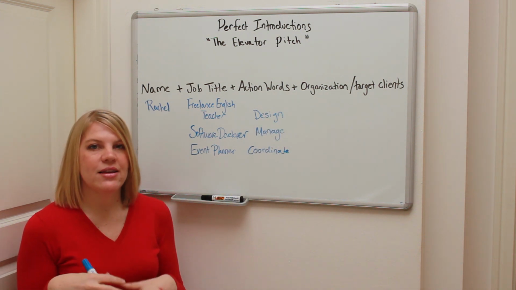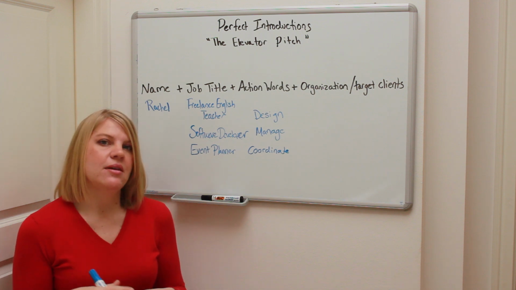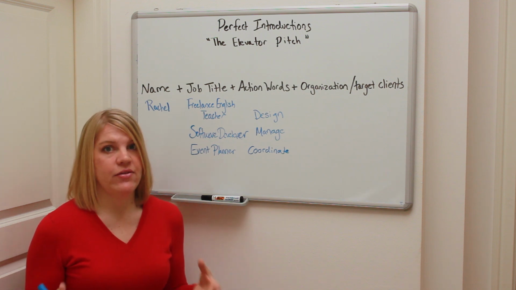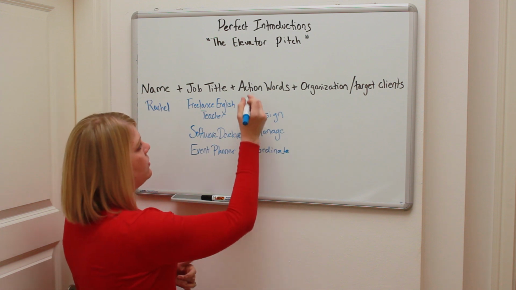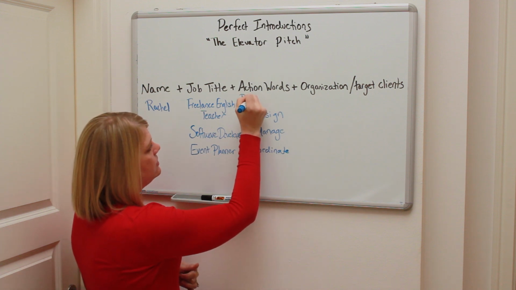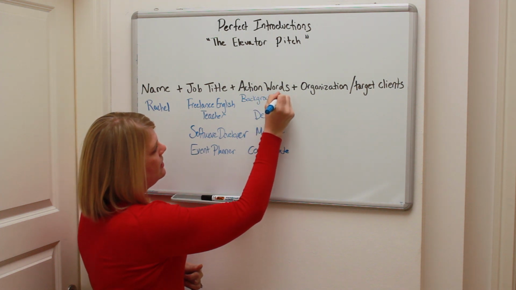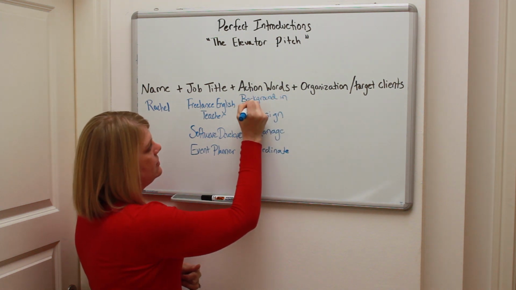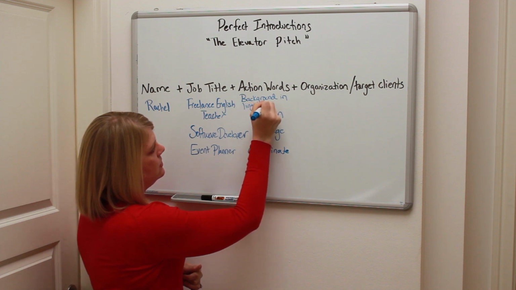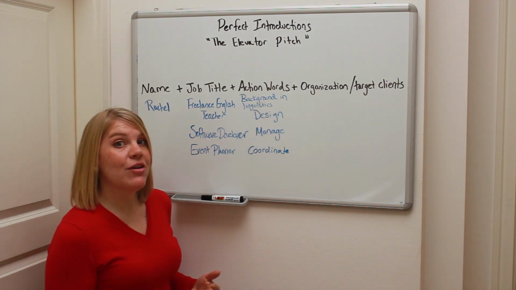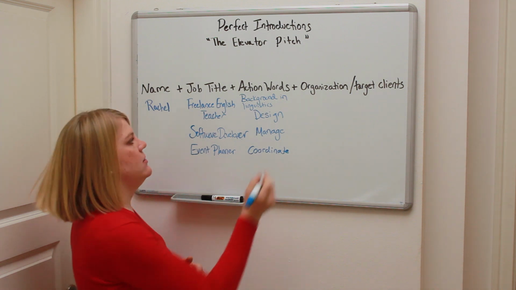But I'm going to go ahead and use a phrase like background. This is the experience that I have using strong verbs. So I'm going to say I have a background in linguistics, or a background in accent modification.